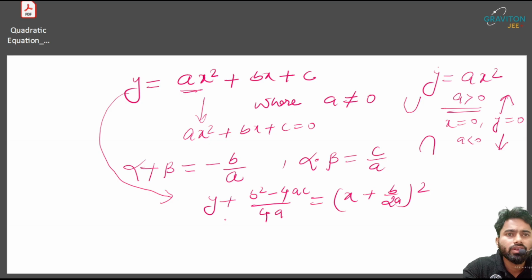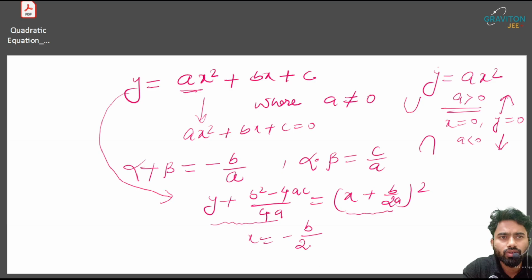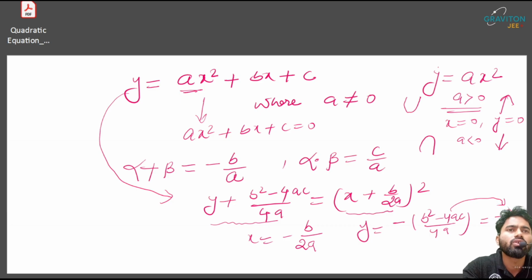If you want to know where the vertex of this type of parabola lies, you have to put the term inside the square equal to 0. From here you get x equal to minus b upon 2a and y equal to minus (b square minus 4ac) upon 4a, which is nothing but minus d upon 4a, where d is b square minus 4ac.